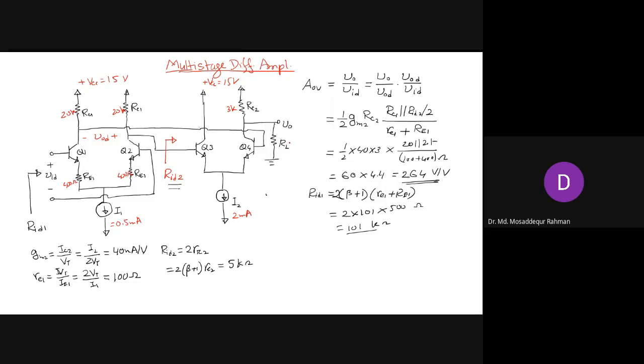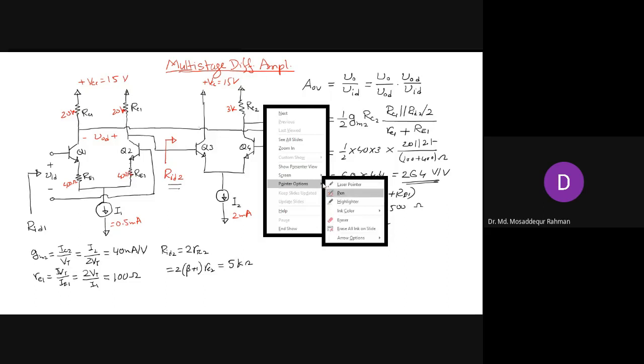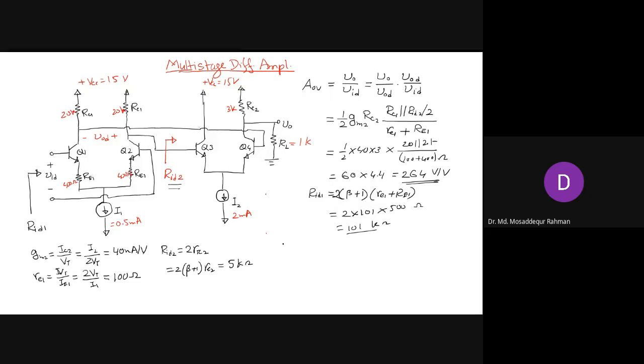So let's assume that it has a resistance of 1K. What happens in that case? It will affect the gain of the second stage, because the load resistance will come in parallel with RC2. So let's call it A2, the gain of the second stage, which is Vo divided by Vod.